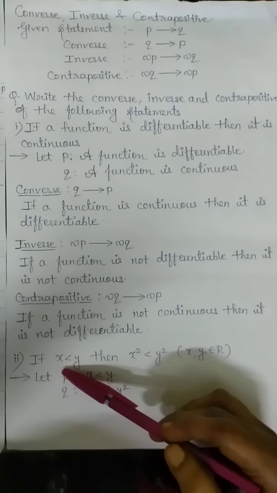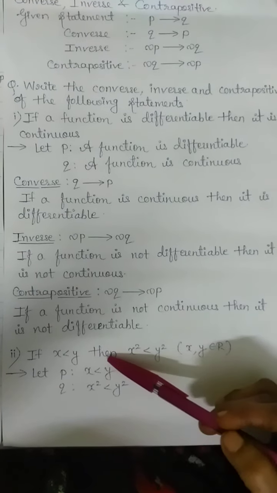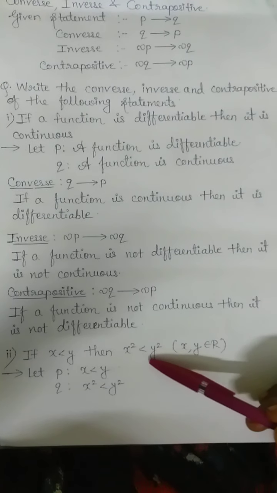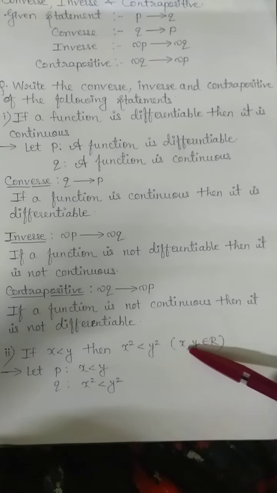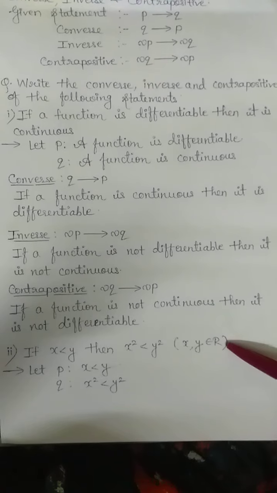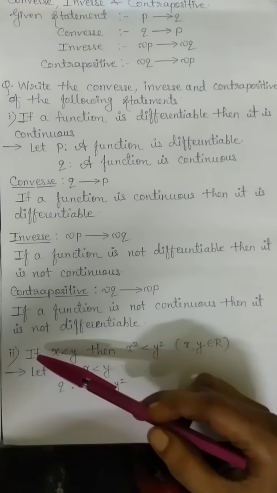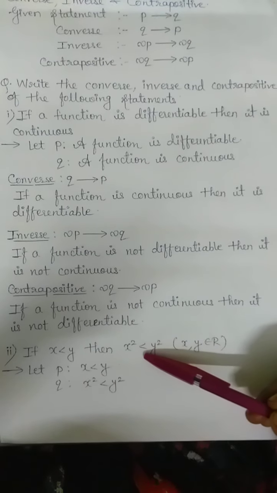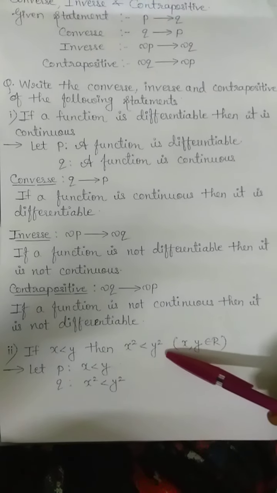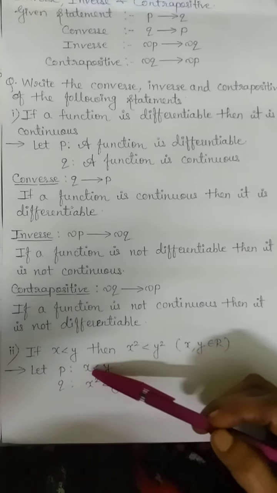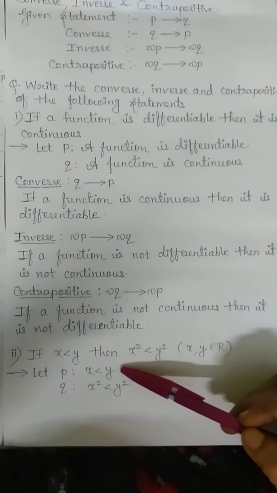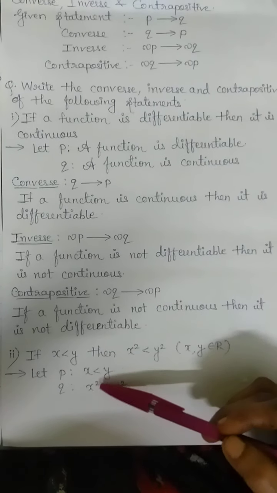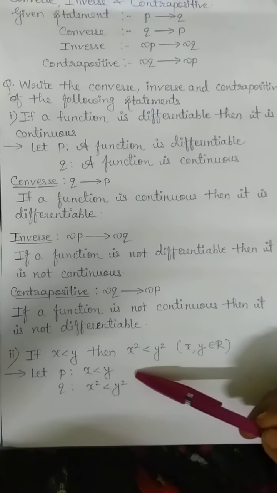If x is strictly less than y, then x square is strictly less than y square, where x and y belong to real numbers. Now here first we will check whether the conditional statement is given. Yes, here P is x is strictly less than y and Q is x square is strictly less than y square.